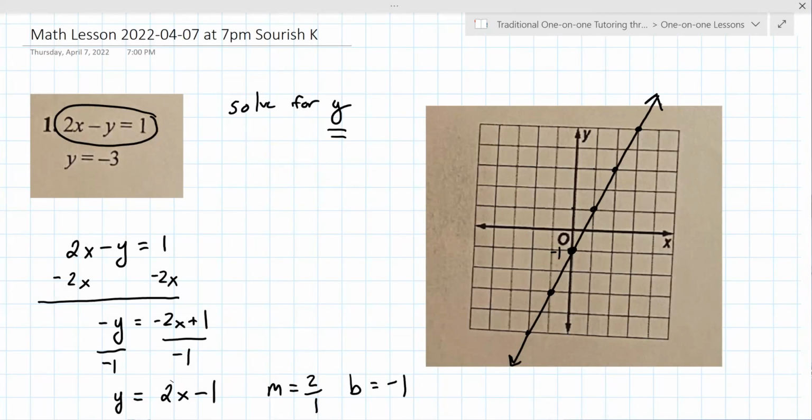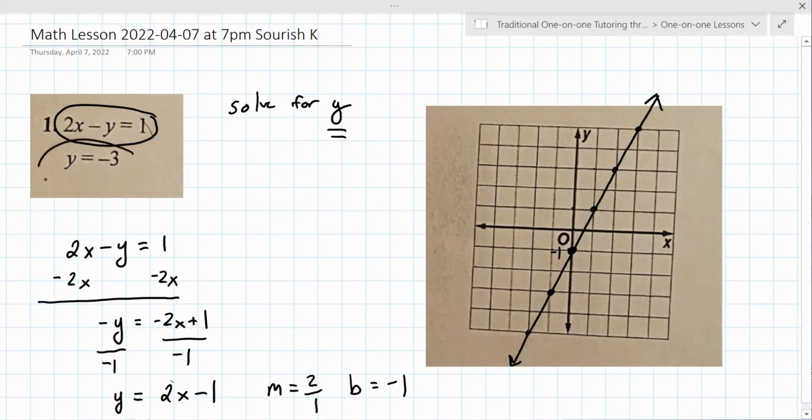And okay, so negative, I'll put right there, and then -1 right up there. Okay, there we go. So we have successfully graphed the first equation.